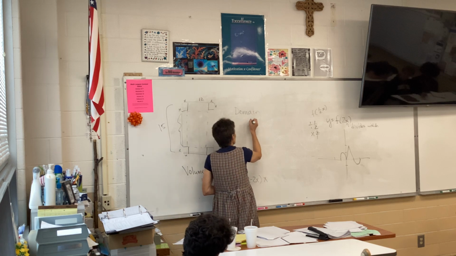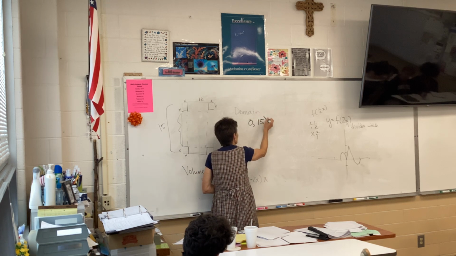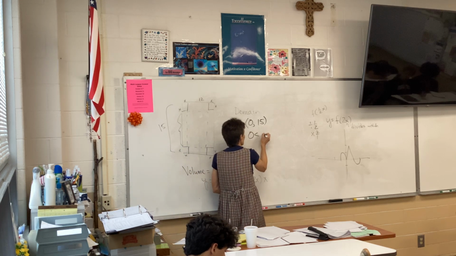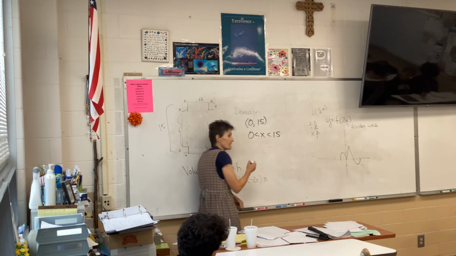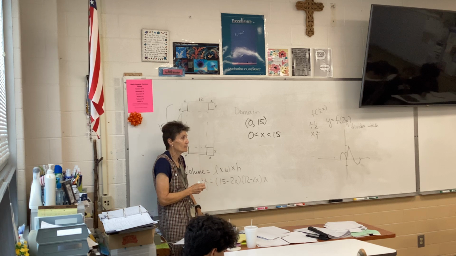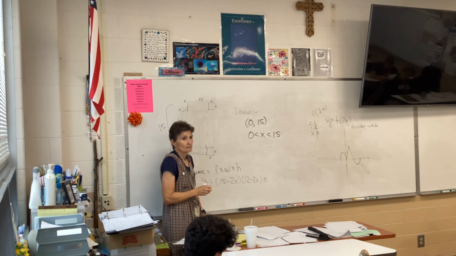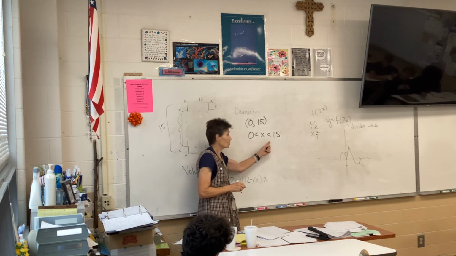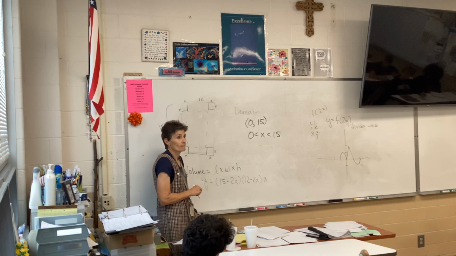0 to 15. I hear 0 to 15. That would be like this. And he's saying it's between 0 and 15. Let's talk about that. Can x be 12? 12 is a number in there, right? Can x be 12? Absolutely not.